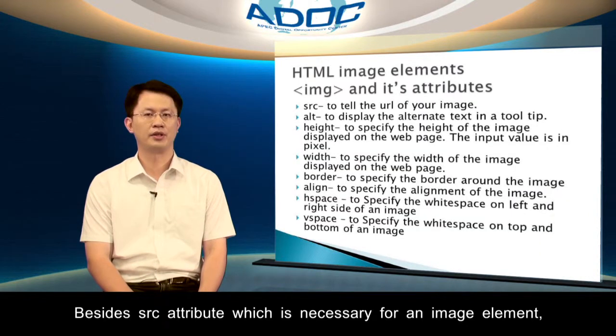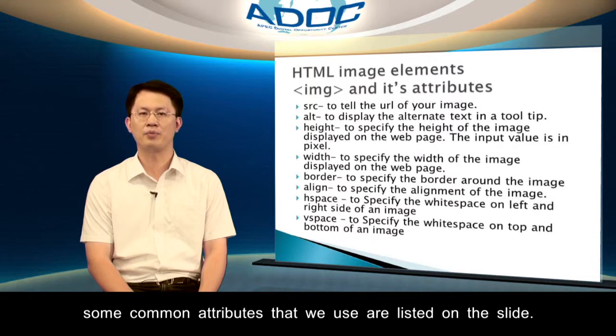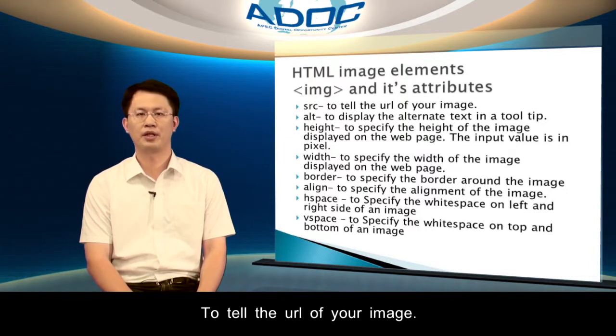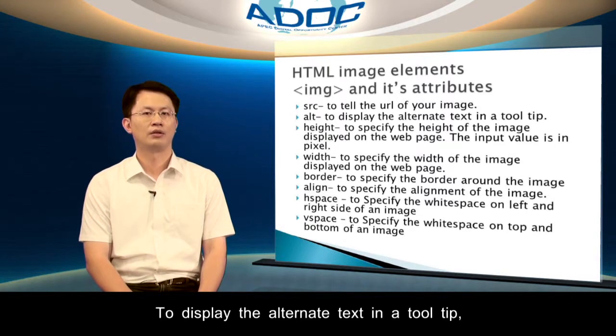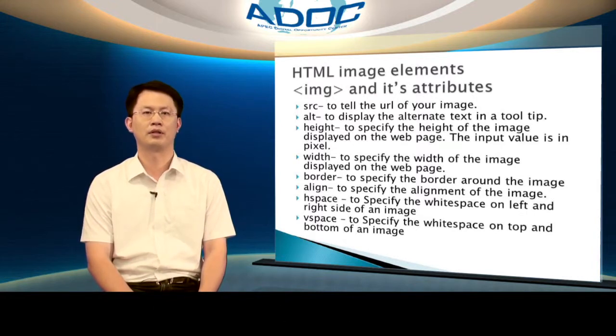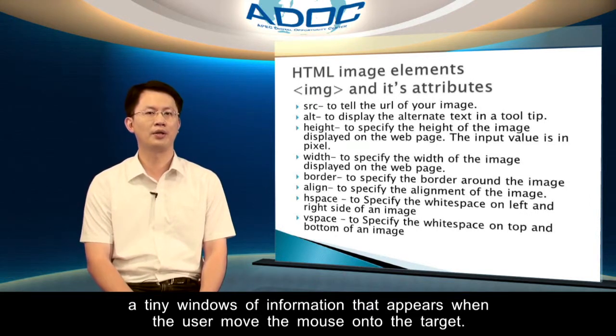Besides the SRC attribute, which is necessary for an image element, some common attributes that we use are listed on the slide. SRC tells the URL of your image. ALT displays alternative text in the tooltip, a tiny window of information that appears when the user moves the mouse onto the target.